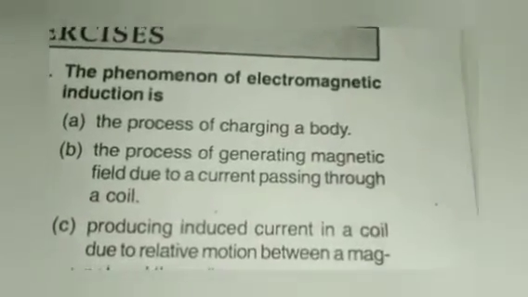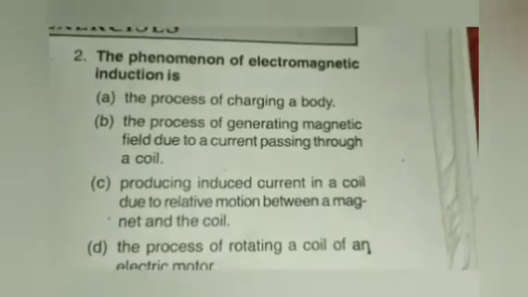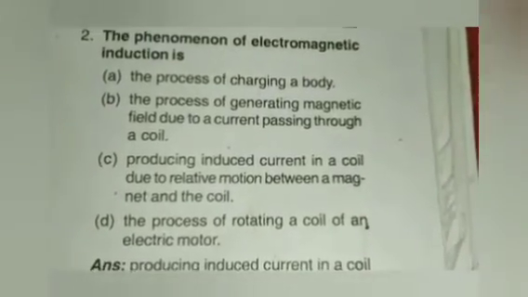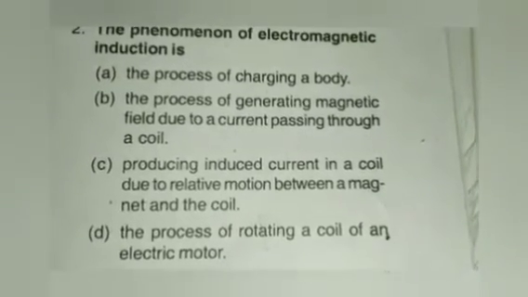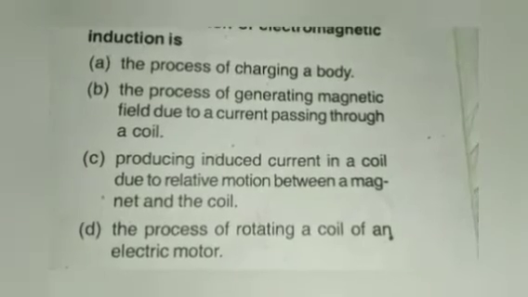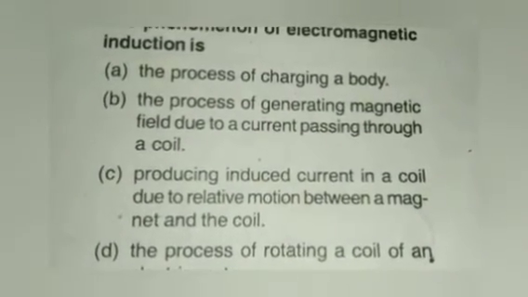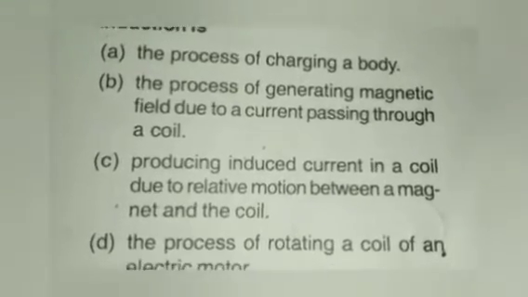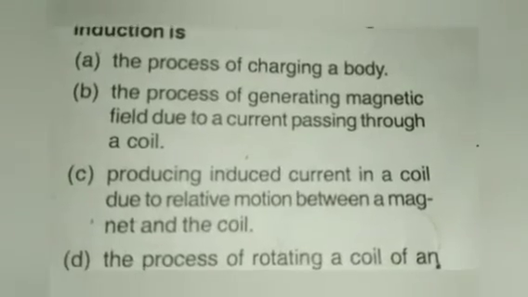Next question. The phenomenon of electromagnetic induction is, here also 4 options. A. The process of charging a body. B. The process of generating magnetic field due to a current passing through a coil. Option C. Producing induced current in a coil due to relative motion between a magnet and the coil.